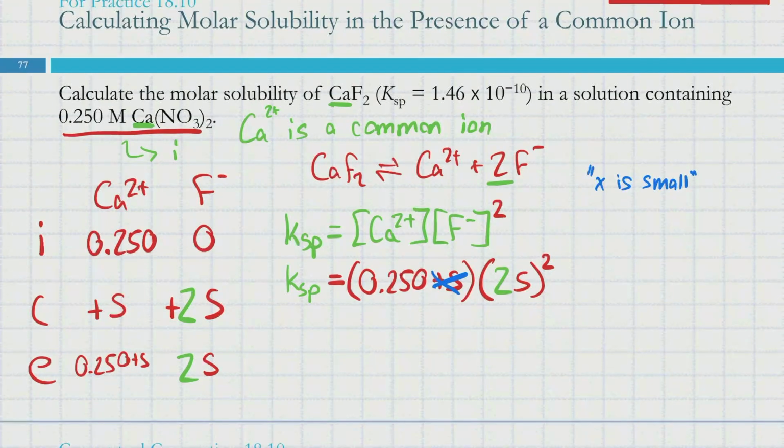All right, so this will shake out to 1.46 times 10 to the minus 10 equals, we're going to have this 0.25, 1/4. This 2s squared is going to turn into 4s squared, so it's just s squared that's left over because the 4 and the 0.25 will turn into a 1. So I'll write a 1 in there, and then s squared.